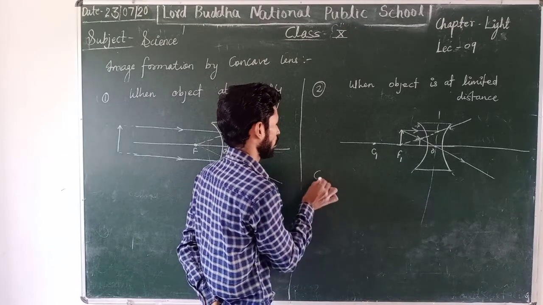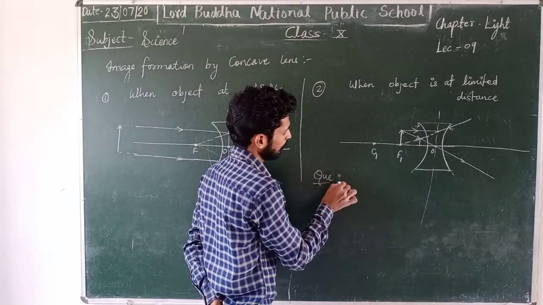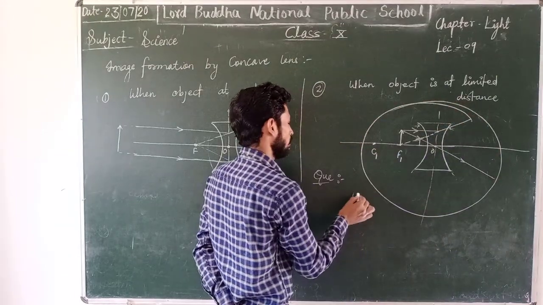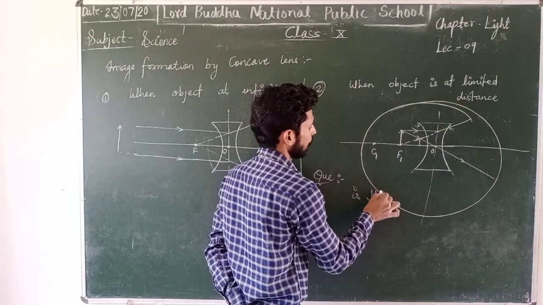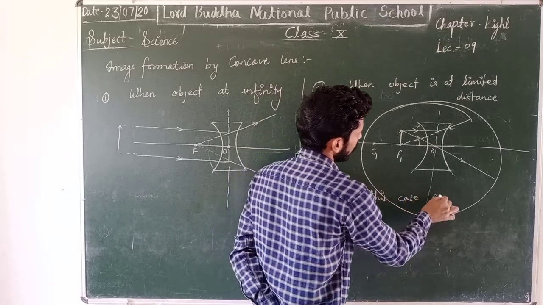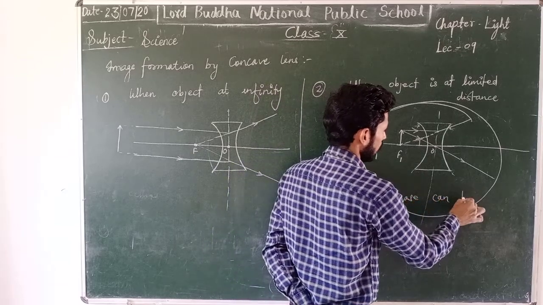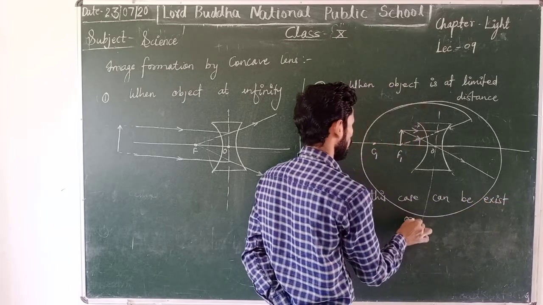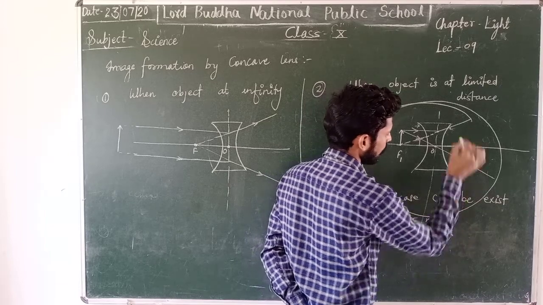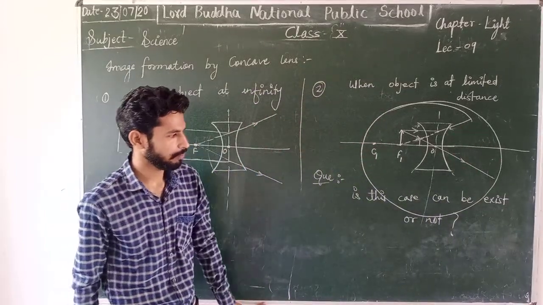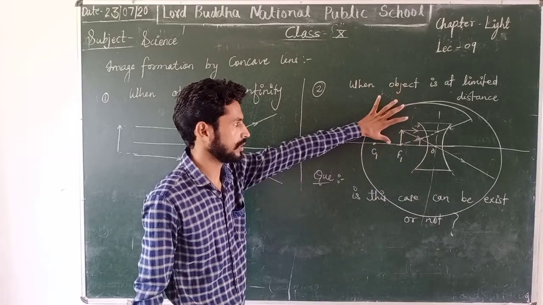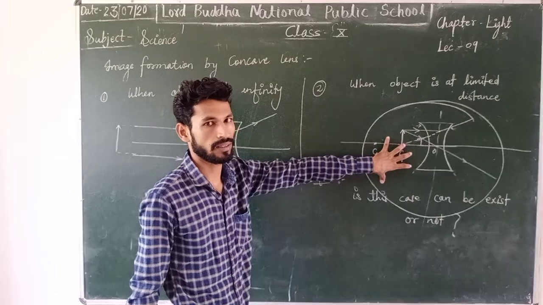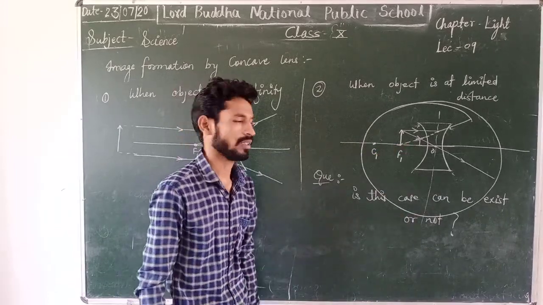So you have a question. The question is: can this case exist or not? That is the question. In the next video lecture we will discuss whether this case is possible or not. So today's video lecture is just this much. Thank you.